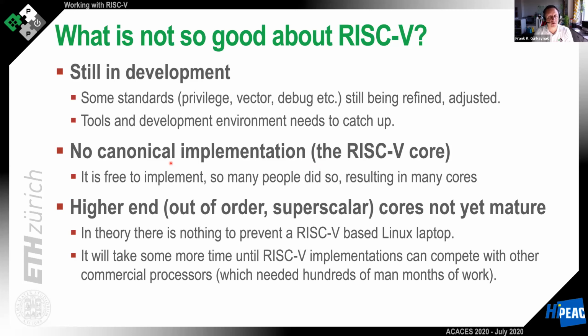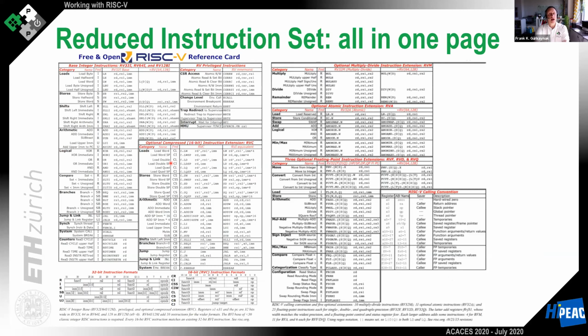So you're not competing with Intel Xeons or higher-end ARM processors. In theory, there's nothing to prevent a RISC-V based Linux laptop, for example, but it will take some time until RISC-V implementations can compete with other commercial processors. To be fair, those processors also needed hundreds of months of work to come out. So it's not just that the PDF was missing.